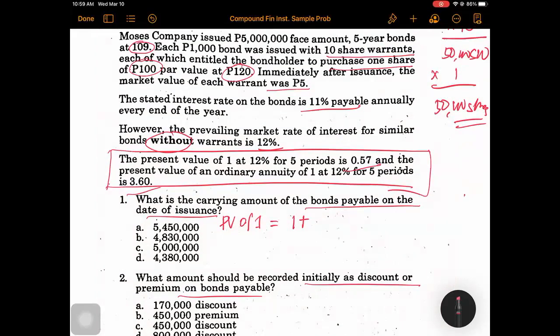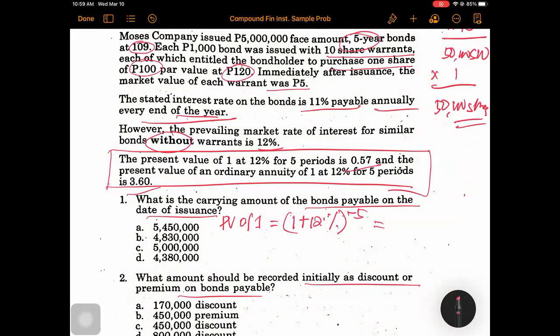Tapos annually ang payments. So 1.12 raised to negative pila ka years? 5-year bonds, okay, so 5. So that's 1 plus 1.12 raised to negative 5.